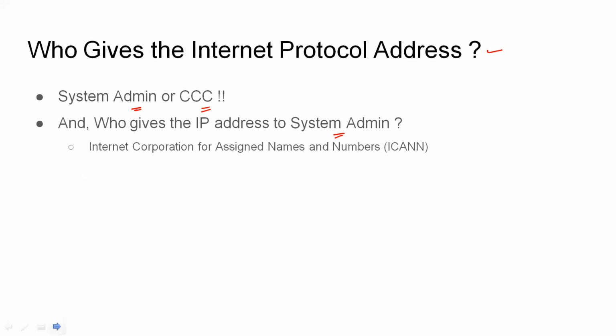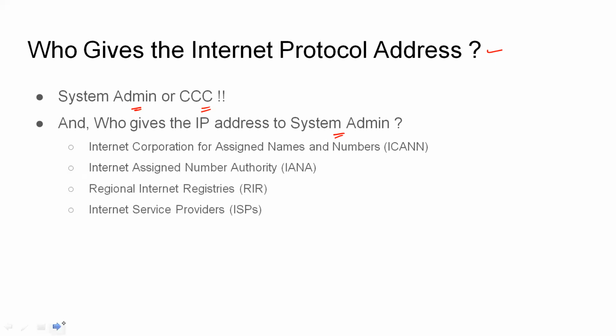So there are different authorities. Internet Corporation for Assigned Names and Numbers, ICANN, is there. Internet Assigned Numbers Authority, IANA, is there. Regional Internet Registries, RIR, are there. And at last, Internet Service Providers come into the picture.